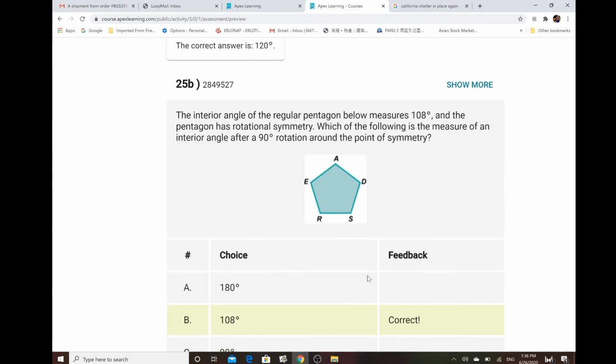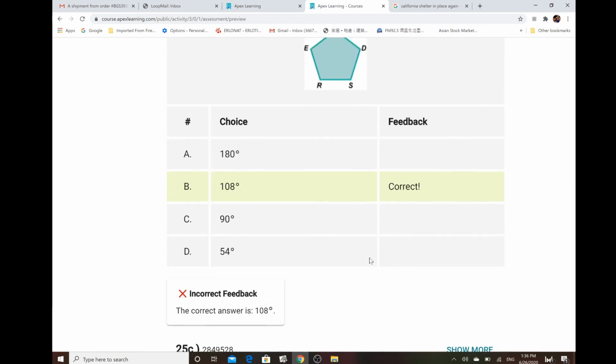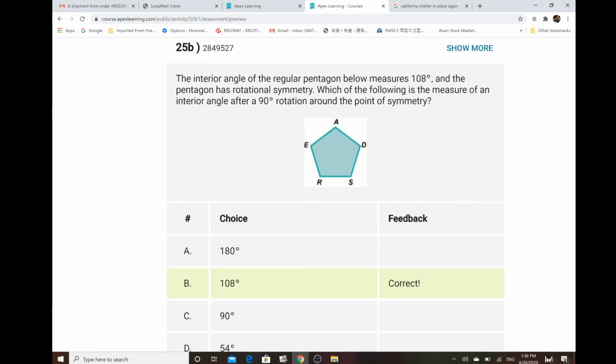This one is the same thing. The interior angle is 108. Once you rotate 90 degrees, the measure of the interior angle is still the same, 108 degrees. So again, this one is just an angle rotation, but the other one is just the measure of the interior angles. Rotational symmetry guarantees that the shape, the angles, everything remains the same.